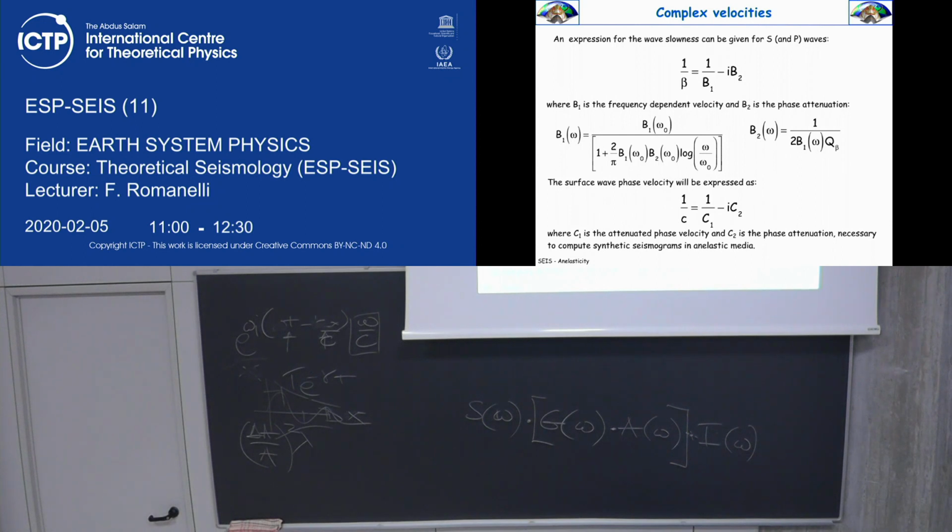This is called attenuation, okay? And of course, it is related to Q. For surface waves, you can do the same, and you can imagine to replace phase velocity by a real part and imaginary part. That is called phase attenuation.